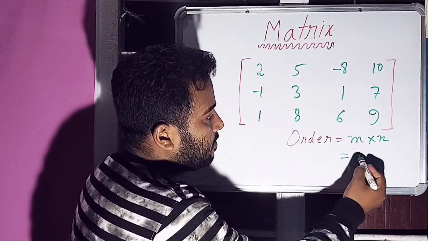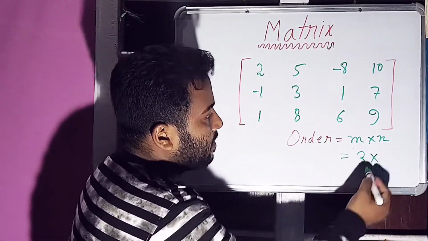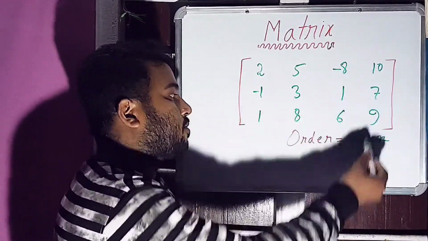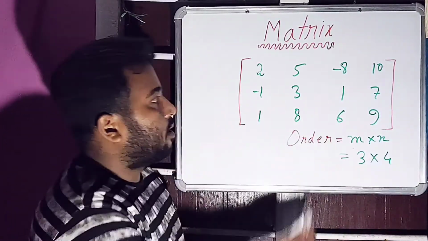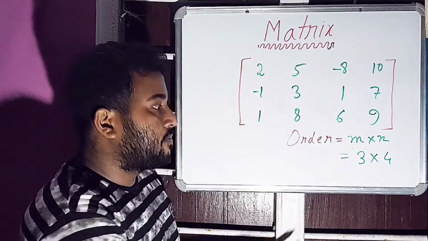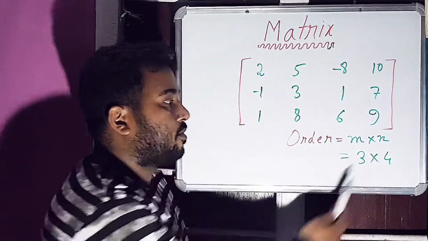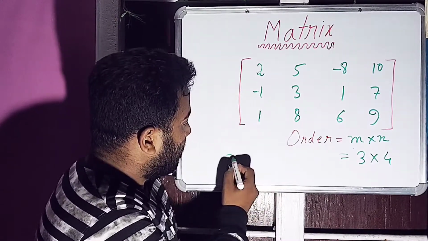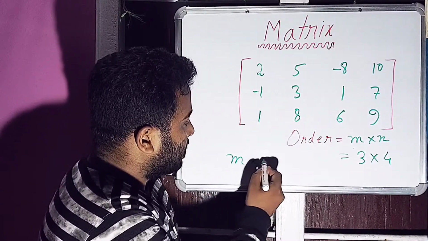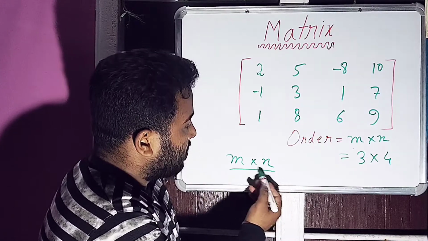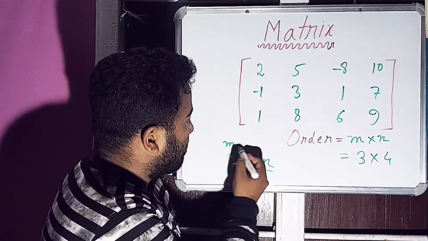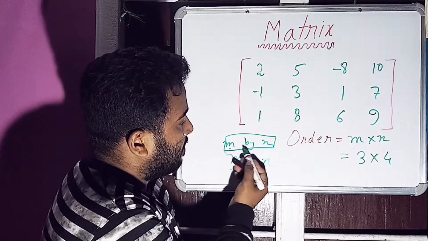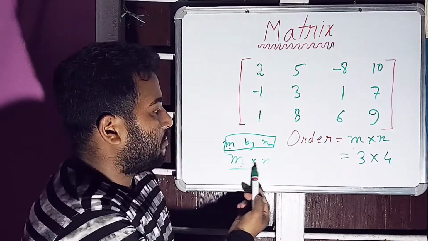It is equal to 3 by the number of columns here 1, 2, 3, 4. So the order of this matrix is 3 by 4. So the order is read as, suppose if the order of the matrix is m by n, it will be read as m by n.